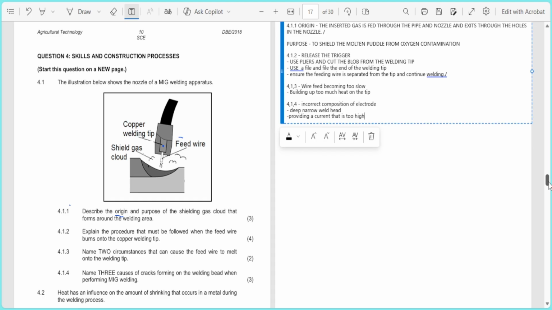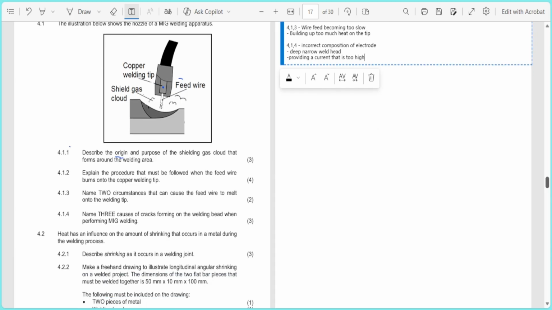So that's our 4.1.4. They only wanted 3.